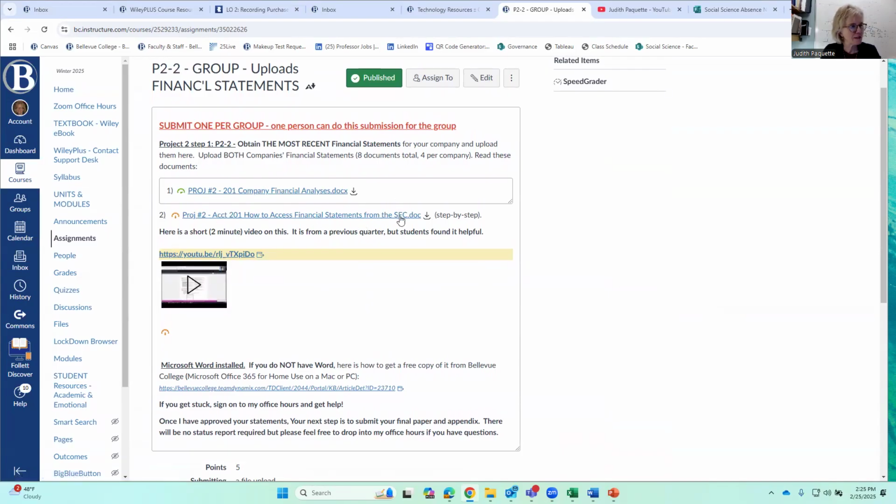But here's how to access your statements. It's very step-by-step on how to find your statement, okay? And there's a little short video on that. So find your statements, get your contract in, and find your statements this week. And then we'll focus on studying for the exam for next week, and then we'll be working on our paper, okay? Thanks for asking that, Akiko.